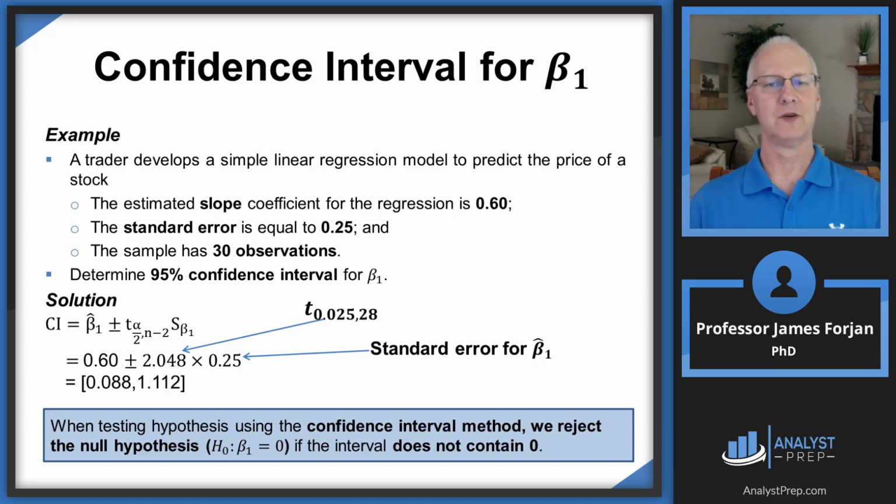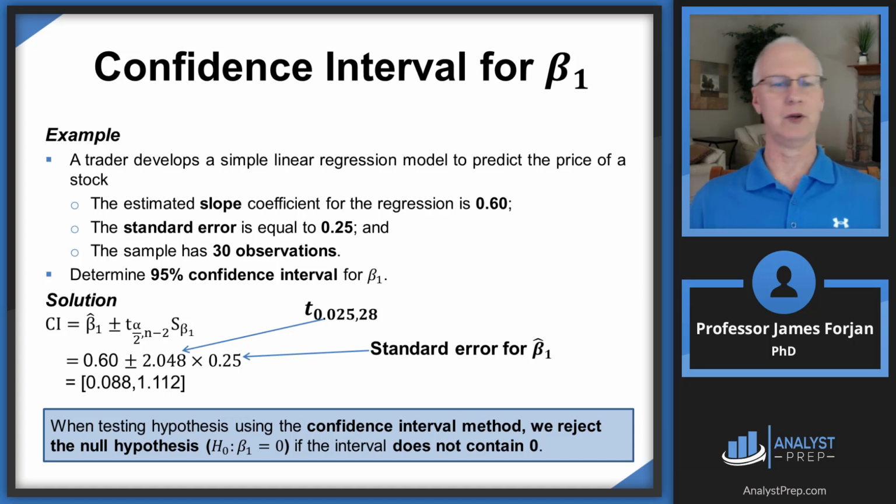All right, so let's go back to our same example. There's the 95%. So beta hat sub 1, the slope coefficient, is 0.6. We plus or minus 2.048, there's that critical value, times the standard error of 0.25. And there's really no simple way to do this in your calculator.